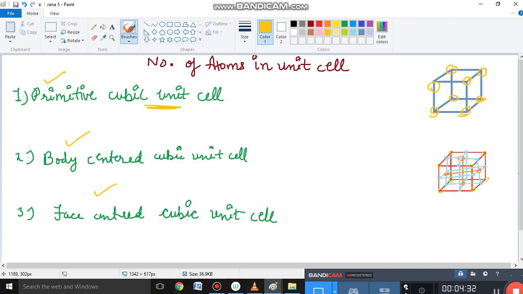From this figure, the particle present at a corner contributes to the formation of 8 unit cells, or we can say the particle at the corner is shared between 8 unit cells.